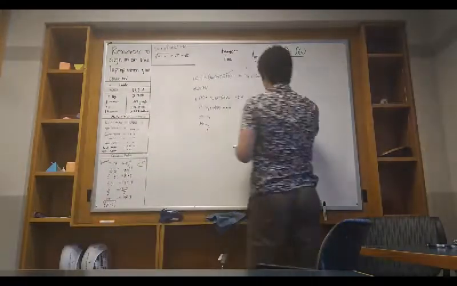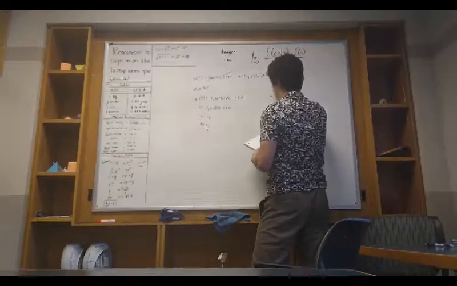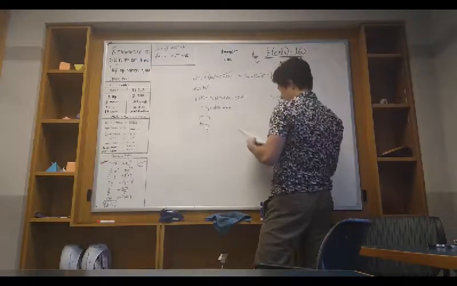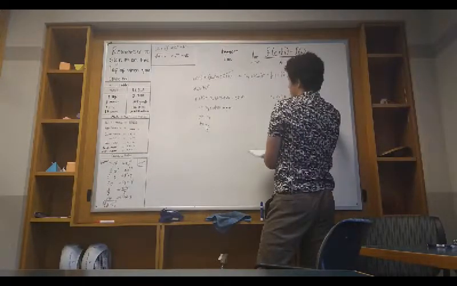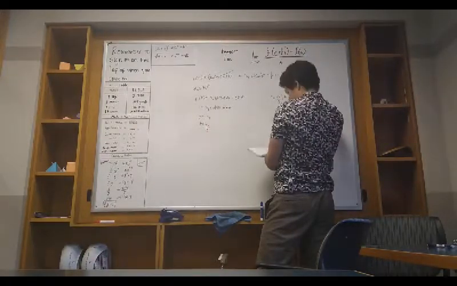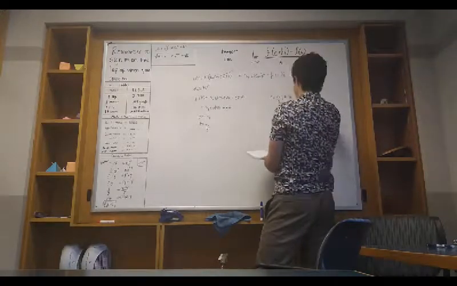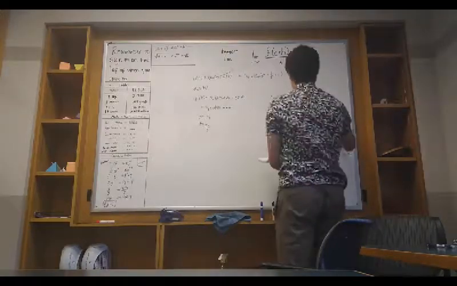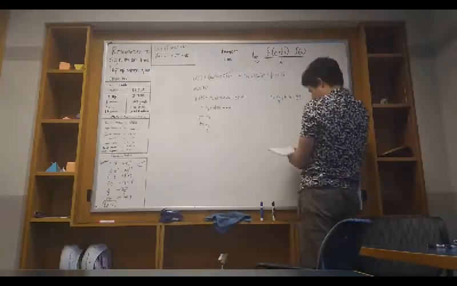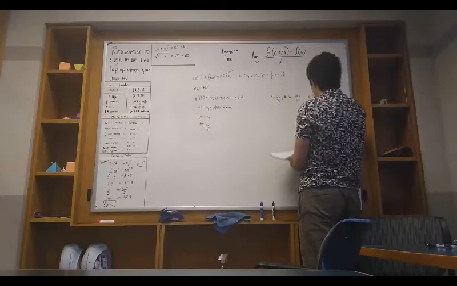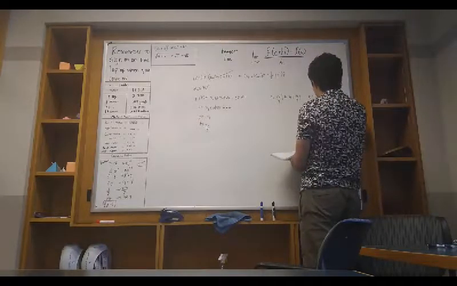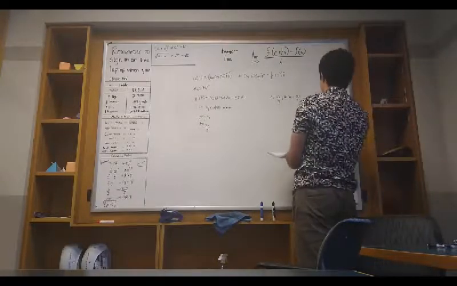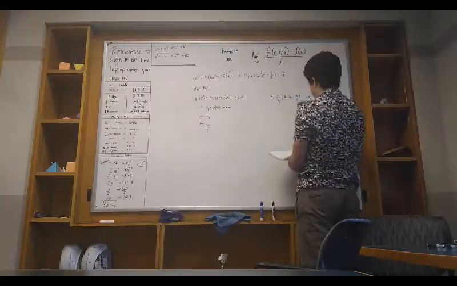So now we are left with r of v initial over gravity is going to be equal to the velocity initial times t here, which is going to be v initial squared over gravity, minus 1/2 g times v initial over gravity squared.